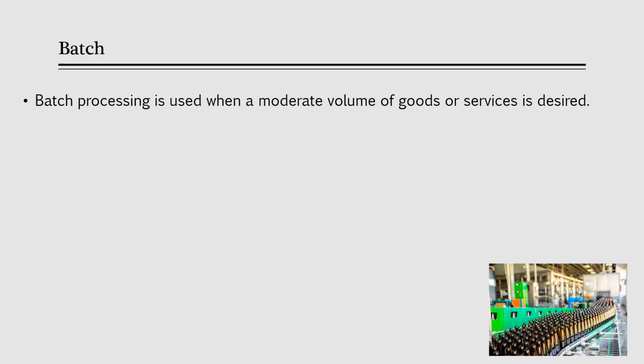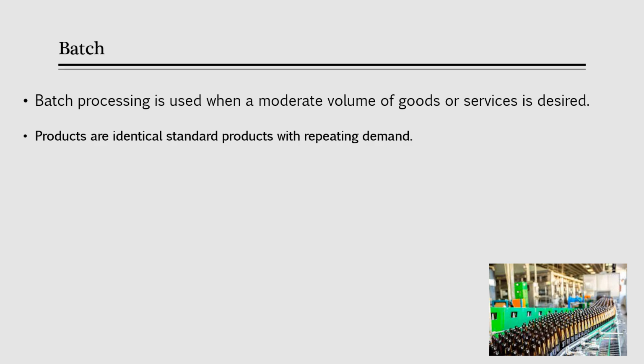Batch processing is used when a moderate volume of goods or services is desired. A group of identical or standardized products move through all stages of production together, with each stage completing before the next batch begins. It allows for flexibility and quality control between batches.